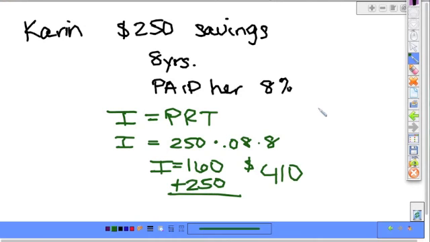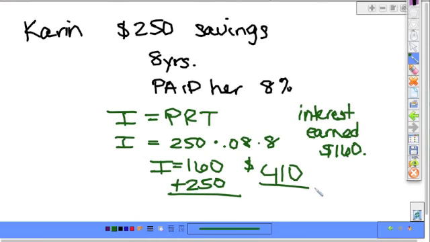Now, if the question's just asking for the simple interest or the interest earned, that's going to be the $160. If it asks for the grand total, then it's going to be the $410. Okay, hopefully this helped you on 6-7.